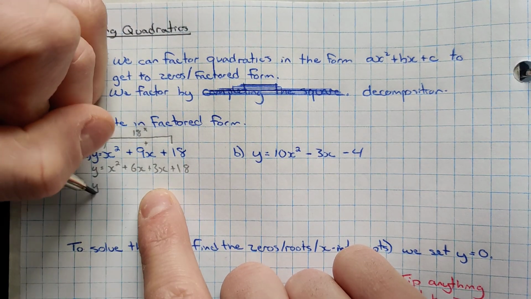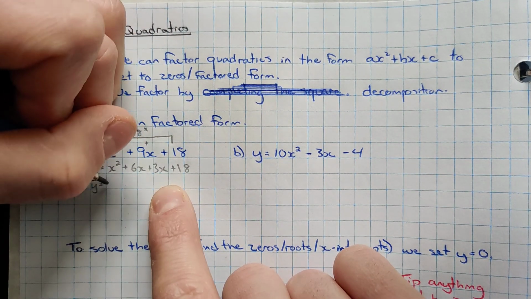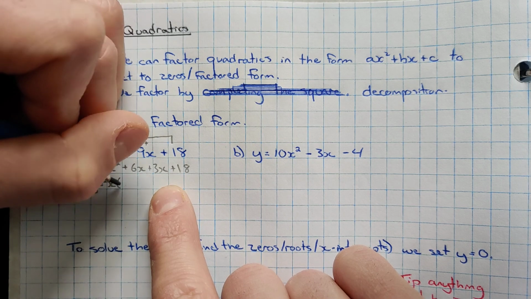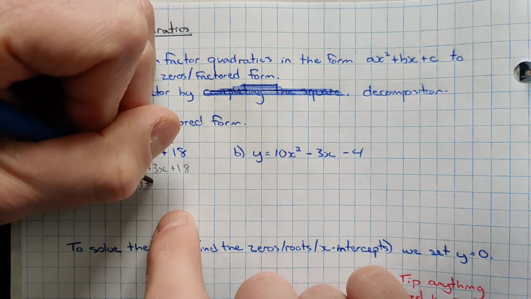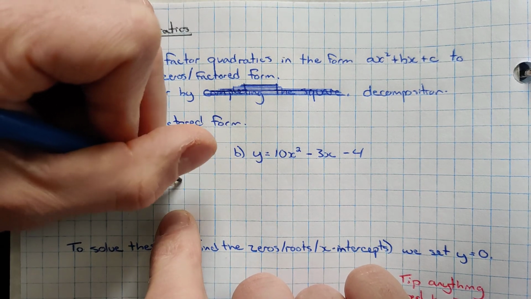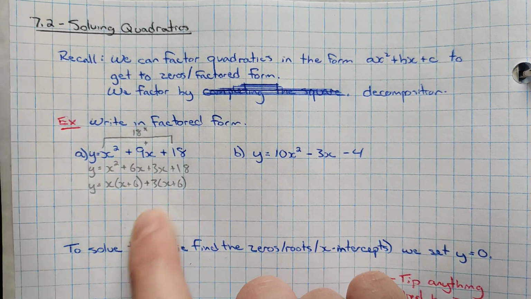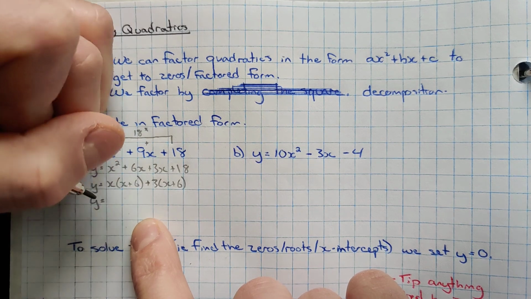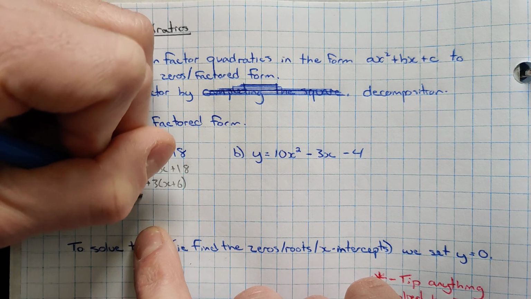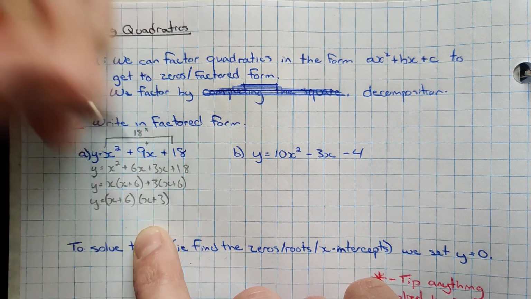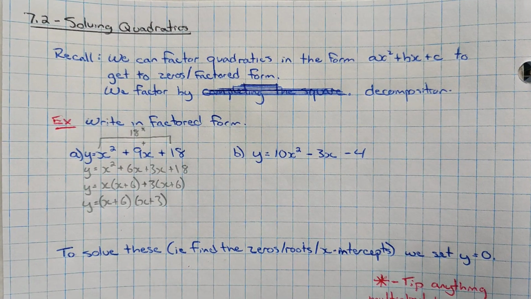Factor the first pair and the second pair. We're doing the factor by grouping. x plus 6. Bring down the plus. 3 is the common factor. x plus 6. And then again, we have a common factor of x plus 6. We got y equals x plus 6, x plus 3. So there, we've factored it.